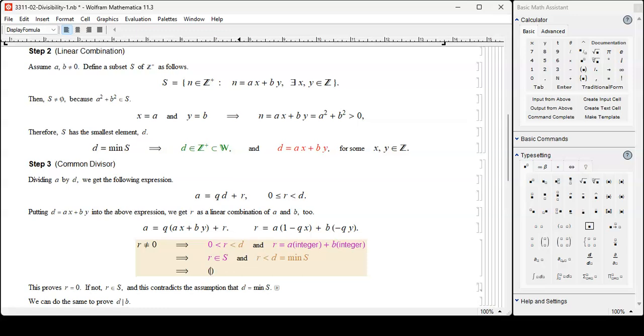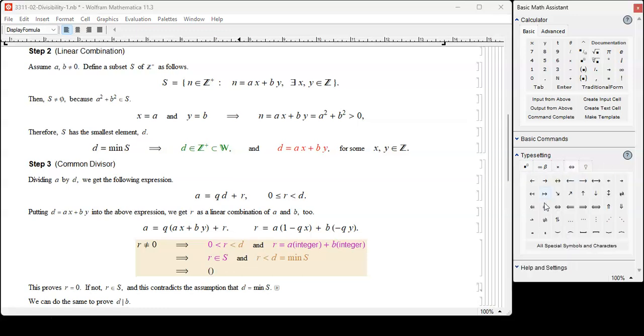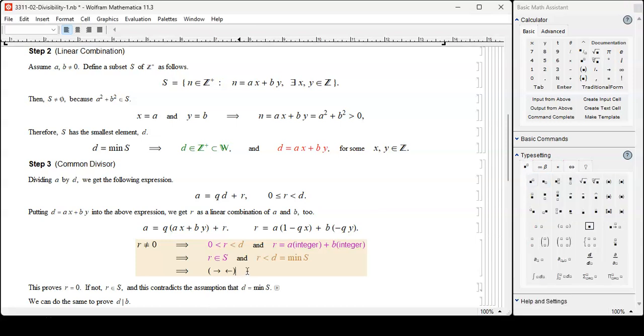It can't be true. No element of any set is less than the minimum. So R has to be equal to 0.